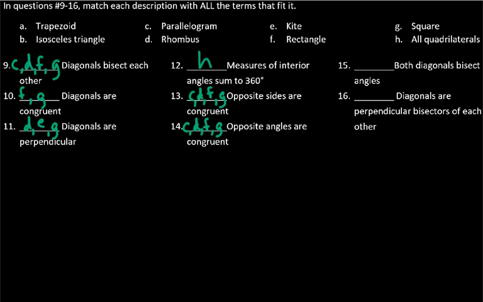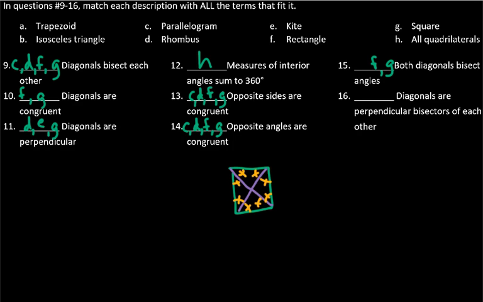Both diagonals bisect angles. So if we think about this, let's just look at a square. The diagonals will bisect the angles. And that is true. And in fact, they're all congruent in a square. So definitely G. Also rectangle.